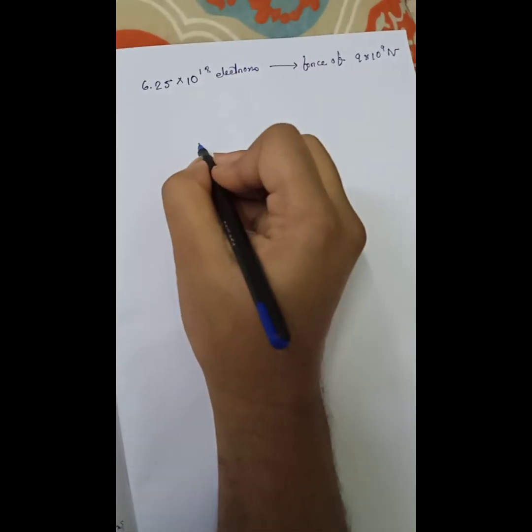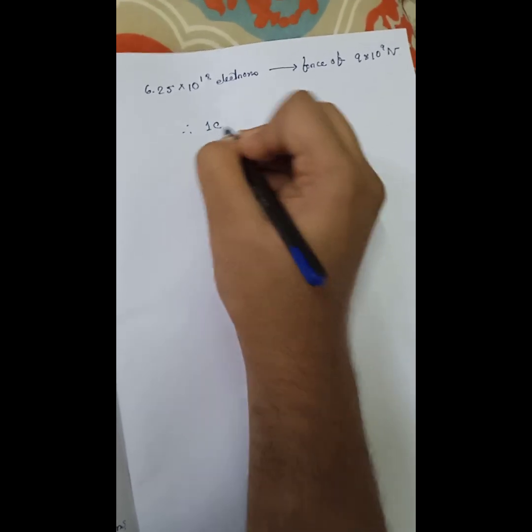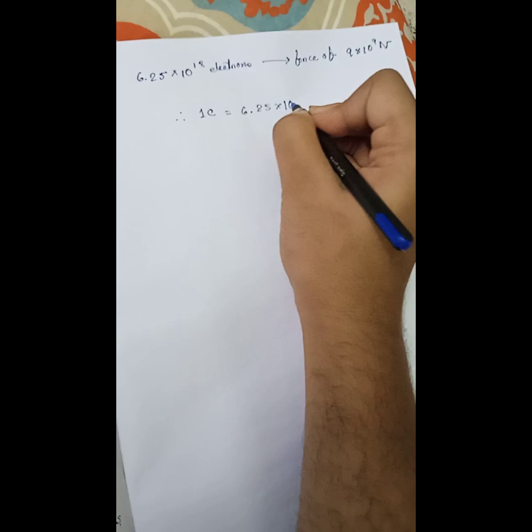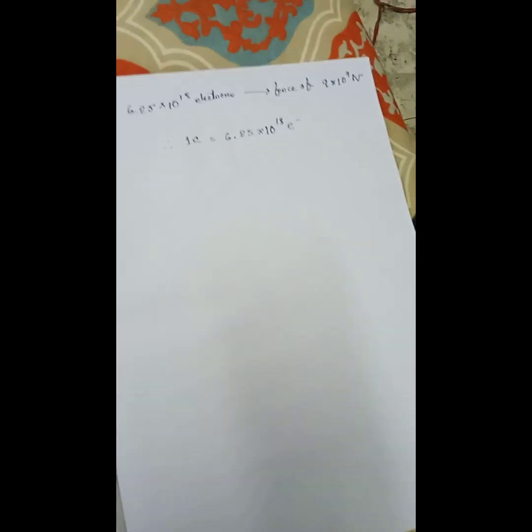So we came to know how many electrons exert a force of 9 into 10 to the power 9 Newton. Therefore, 1 coulomb charge means 6.25 into 10 to the power 18 electrons.